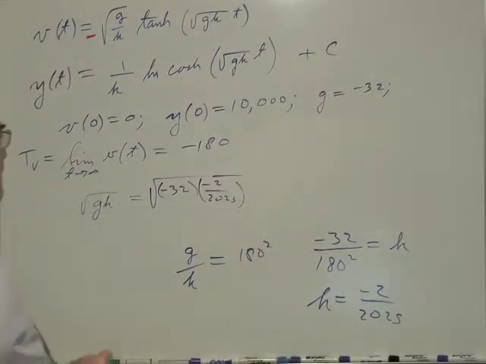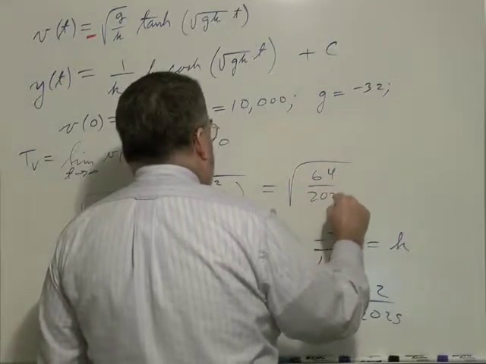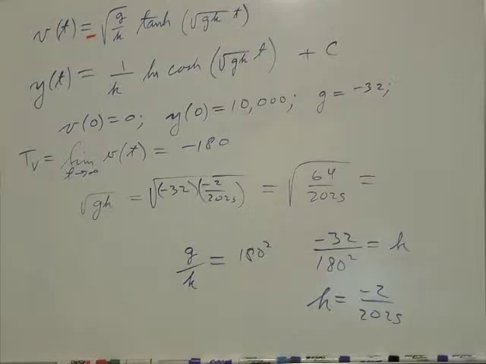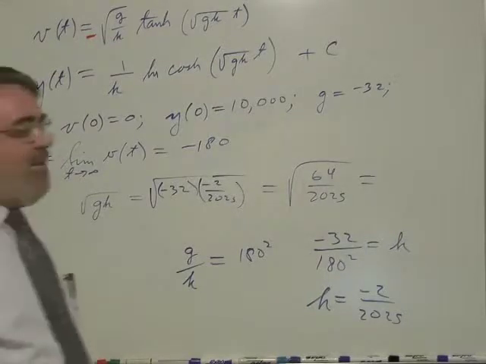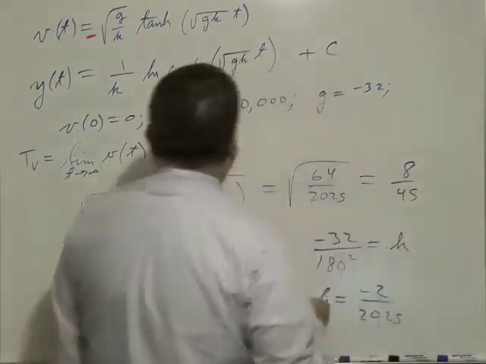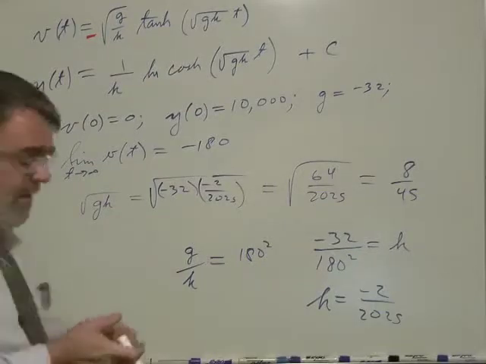There we go. And this would give us the square root of 64 over 2025. And that's rather convenient for us. Happily, that just turns out to be a nice fraction, 8 over 45, exactly. So let's put all this together, and I'll rewrite the velocity function.